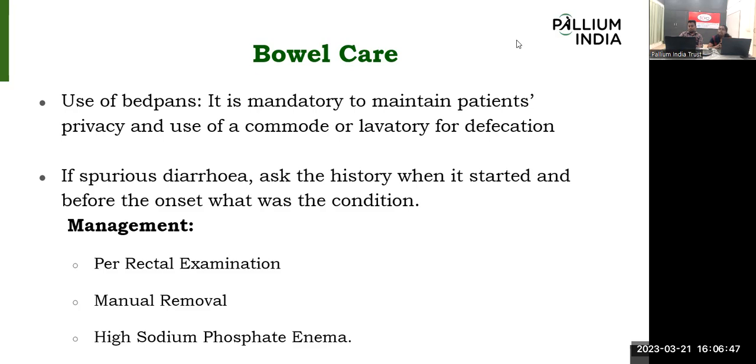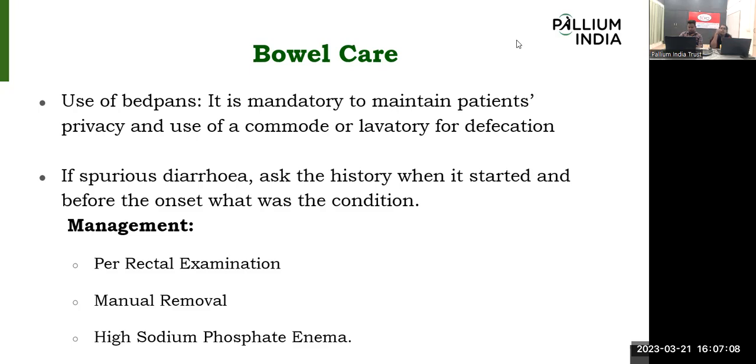You can insert a suction catheter into the rectum through the anus, and push the sodium phosphate enema in, so that it goes up, and from that part the bowel will start to move.